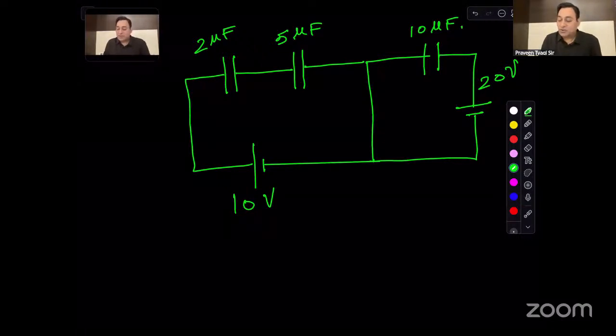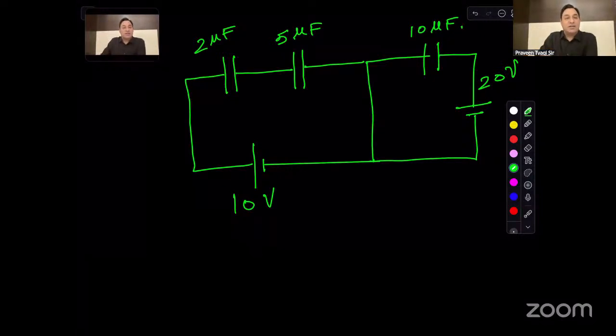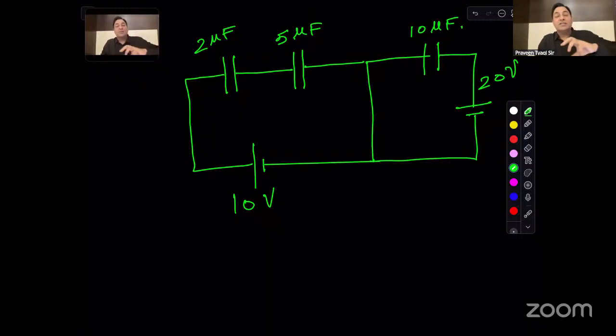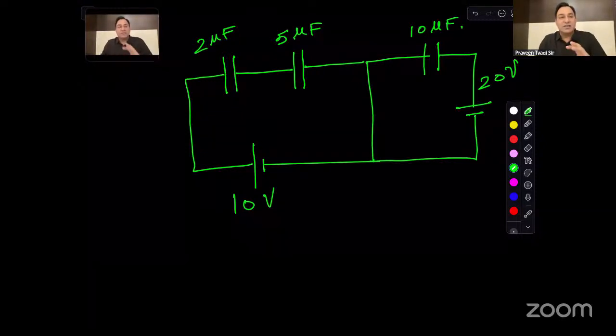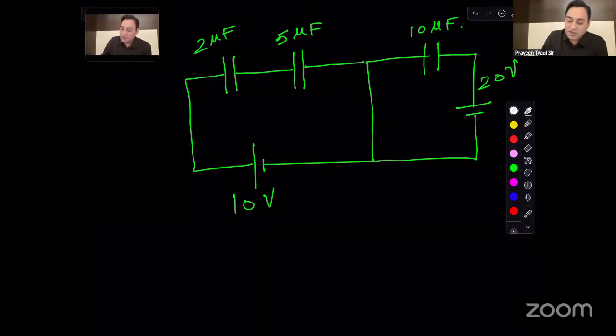No. So please understand, only in the transient stage, when switched, the capacitors were uncharged and we turned on the switch, in that case, they start getting charged. But once a steady state has been achieved, once the capacitors are charged, then there is no flow of current. And now the question is, find the charge on each capacitor.